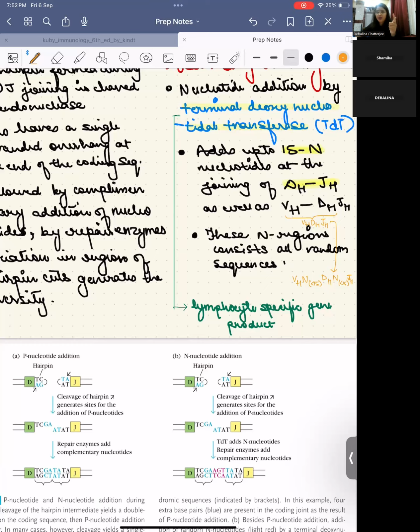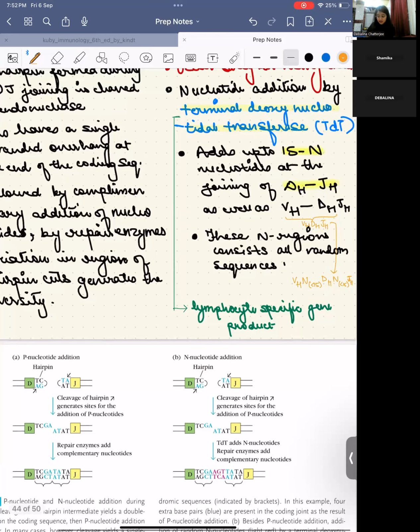Allelic exclusion has already happened during the process of maturation, and even this VDJ recombination, N nucleotide addition, P addition, all of this has happened in your bone marrow while the cell was undergoing development. So your VDJ is fixed now.